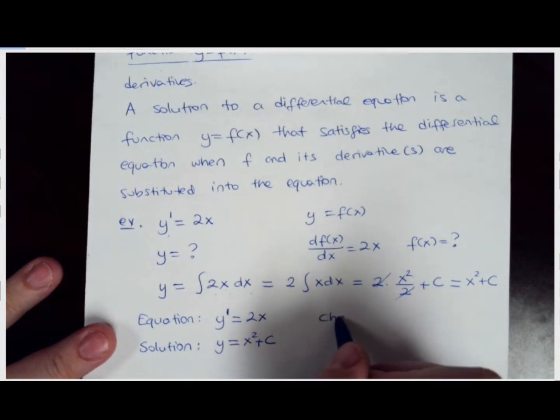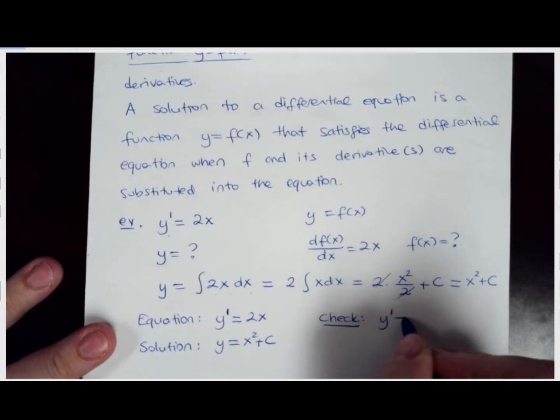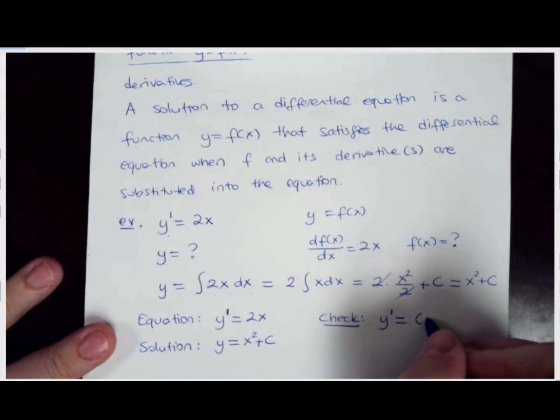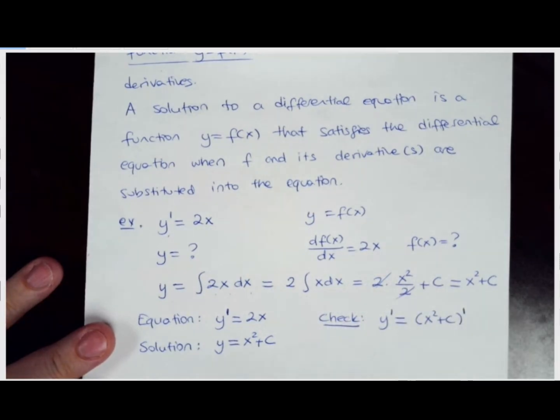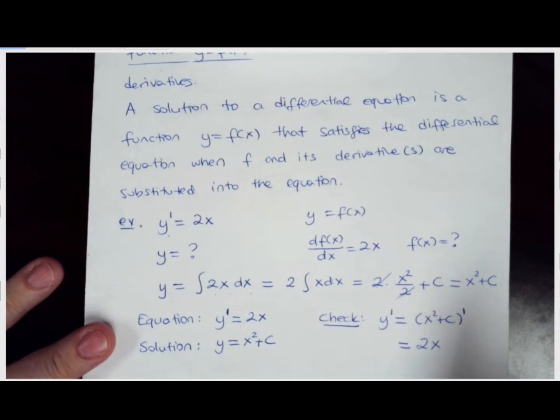So let's check y prime. We should find the derivative of this function. The derivative of x squared plus c is going to be: decrease the power by 1, put it in front, which is 2x, and the derivative of c is 0.